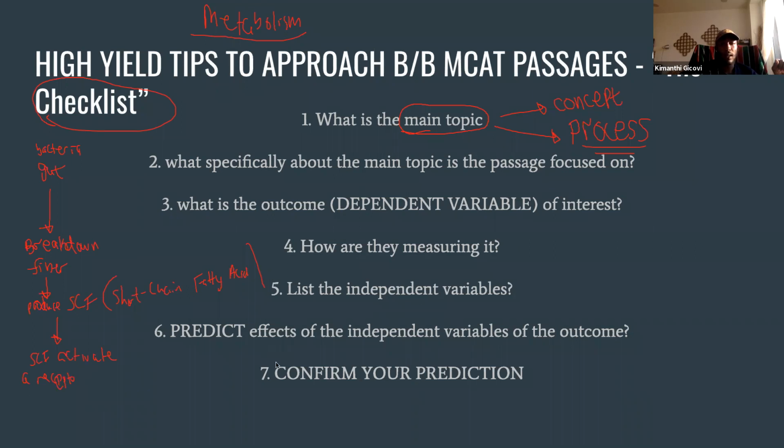All right, so let's say after the bacteria broke down whatever fiber we ate, the short chain fatty acids activated a receptor that, just to make this easier, is only found on fat cells, okay?